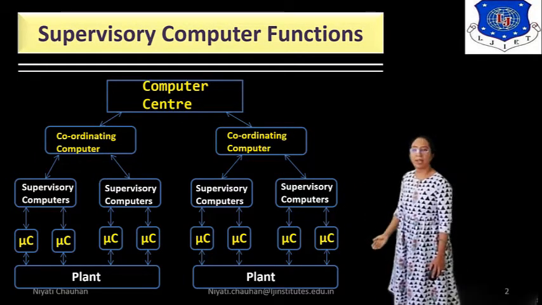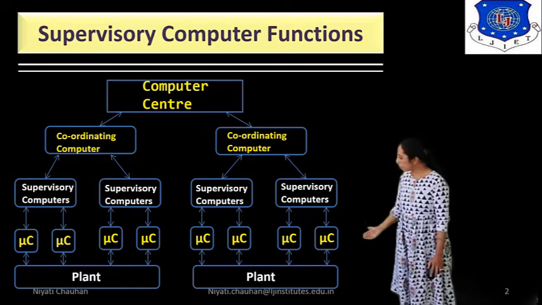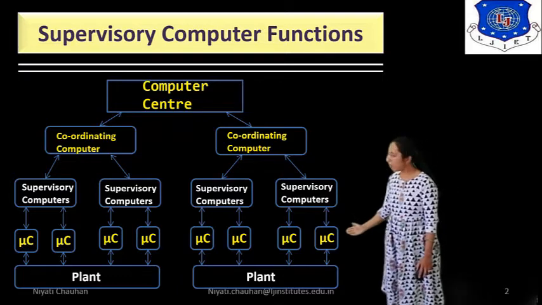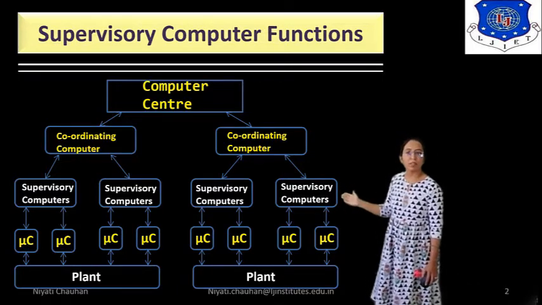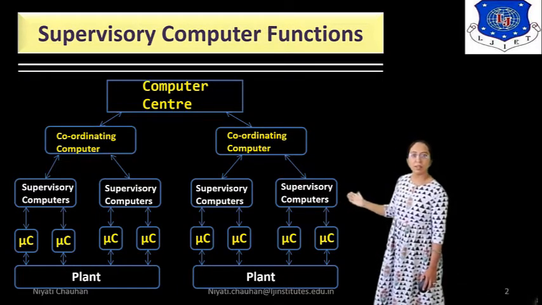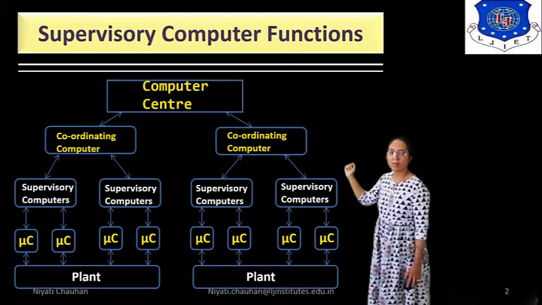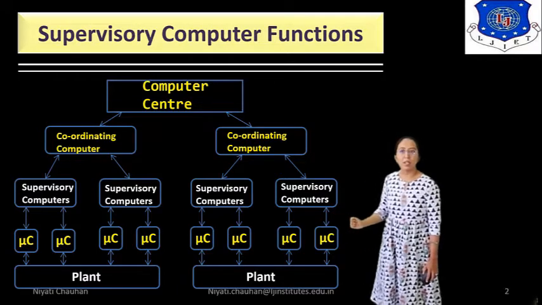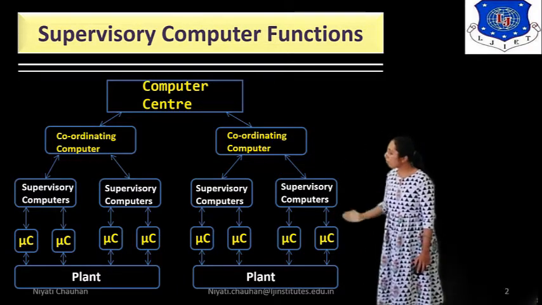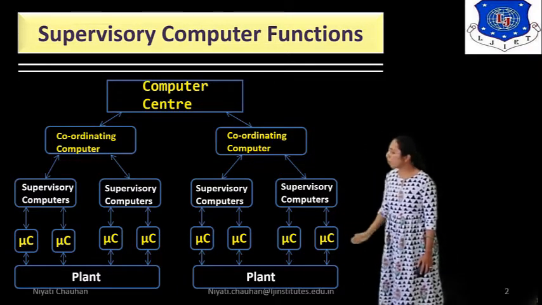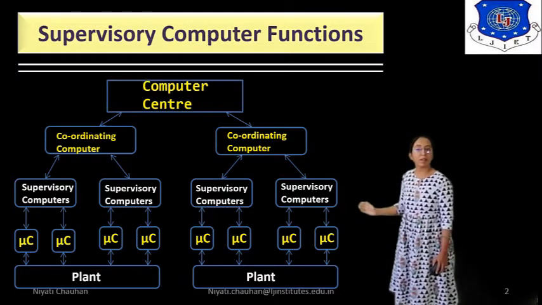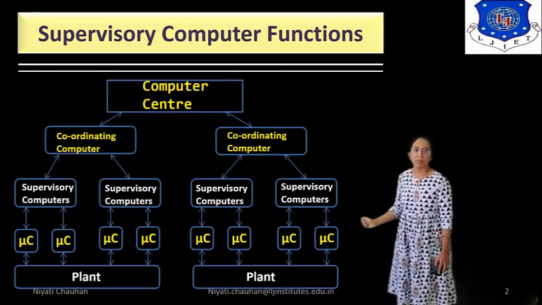We know level 0 is for the process, then the next level is for controllers, then supervisory computers, then coordinating computers, and at last the computer center. So this is the basic block diagram of a distributed control system. Here we first discuss the supervisory computer function.